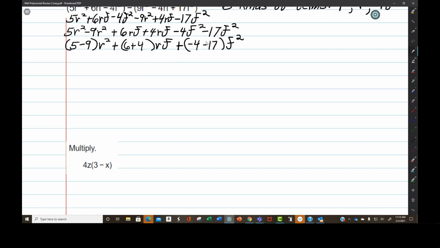Which looks really scary. So if I were you, I would at least mentally stick a little bitty plus sign in there. This is negative 4 plus negative 17. And in fact, this is 5 plus negative 9. Remember, those invisible plus signs are separating all the terms.